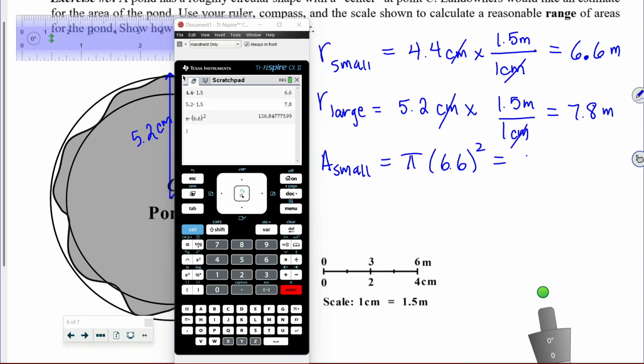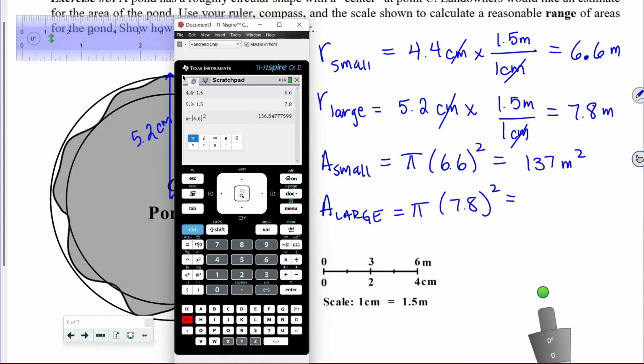And I'm going to say that's 137 square meters. And the area of the larger circle is going to be pi times 7.8 squared. So pi times 7.8 squared, and that's 191 square meters.